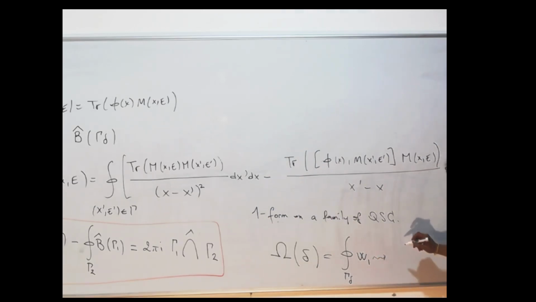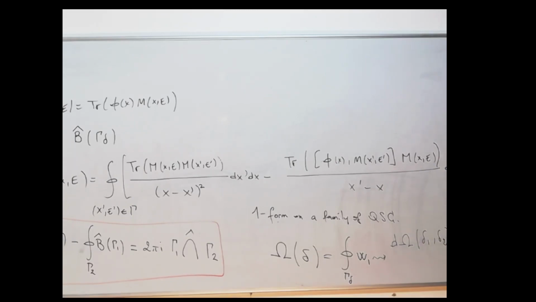This is d, the exterior derivative of omega, and it takes this time two deformations, delta 1 and delta 2.